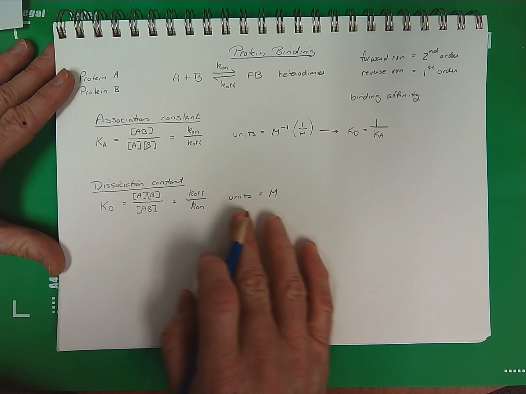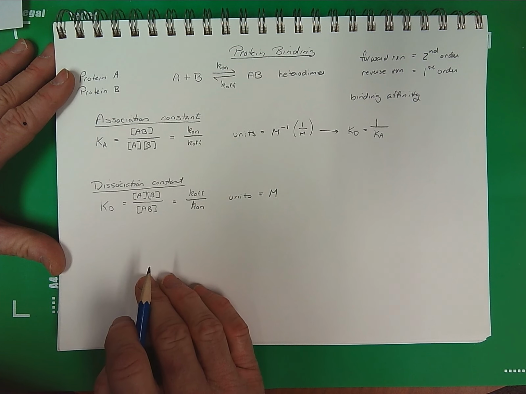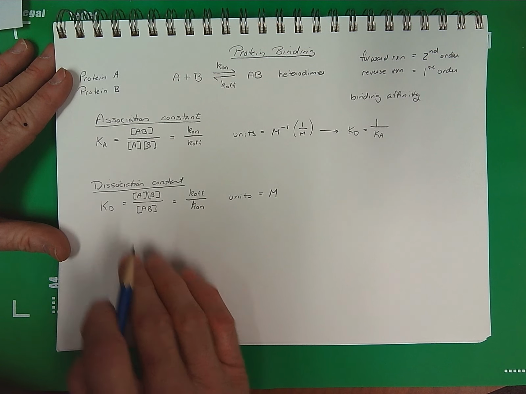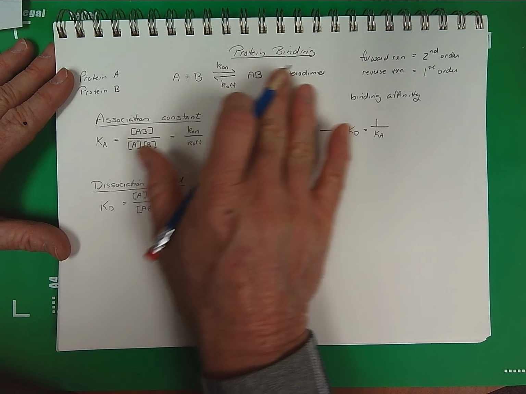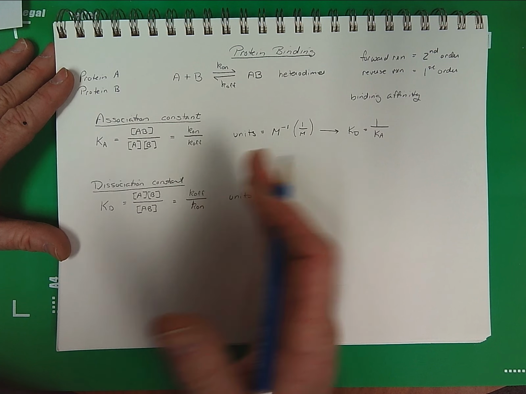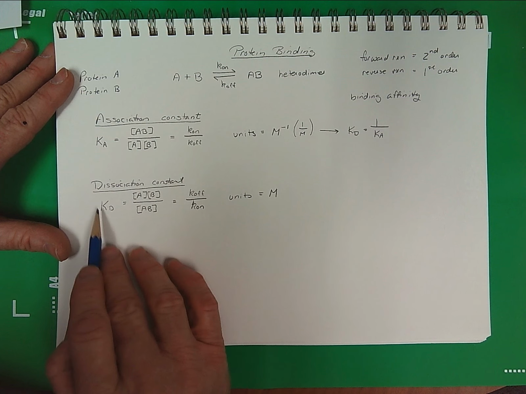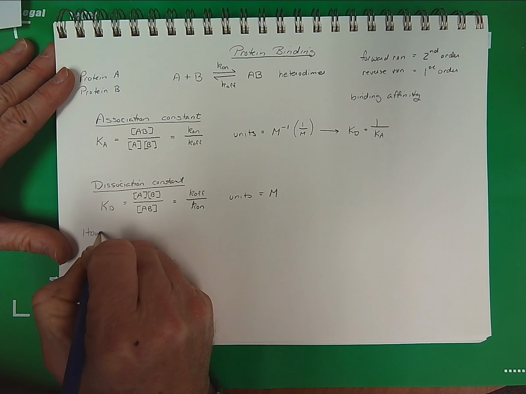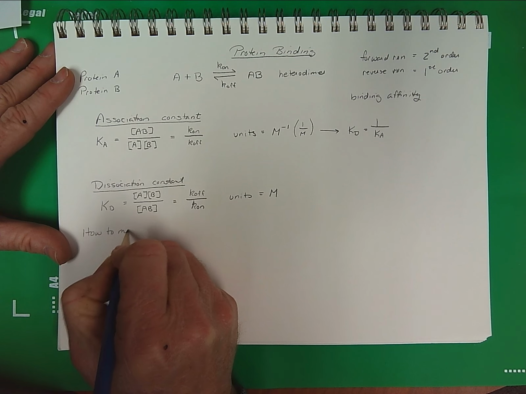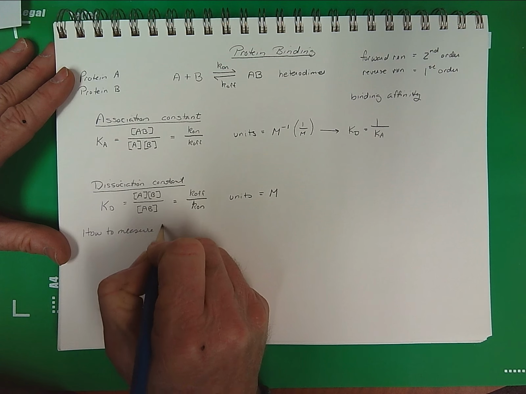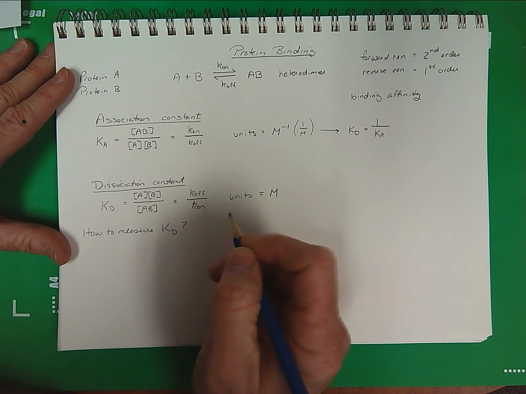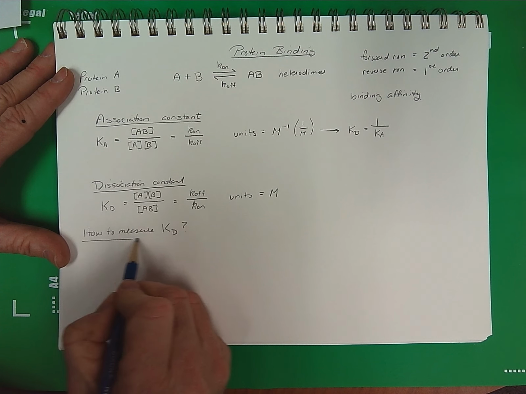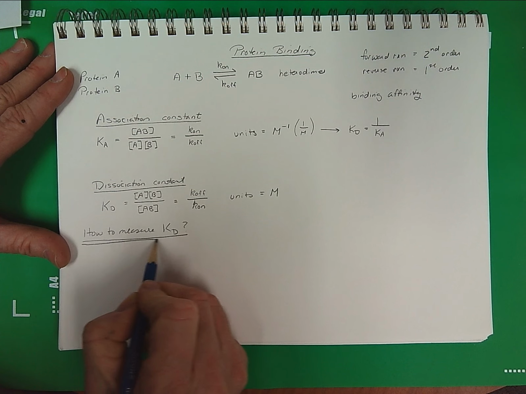This is a much easier figure to understand and interpret and communicate, so most of our discussions about protein binding kinetics, whether it be protein-protein or protein-ligand, will be concerned with measuring the Kd. So now the next question is how to measure Kd. How do we measure the dissociation constant?